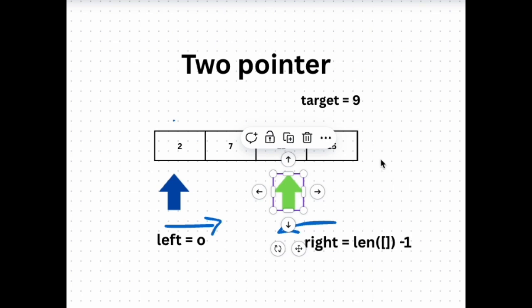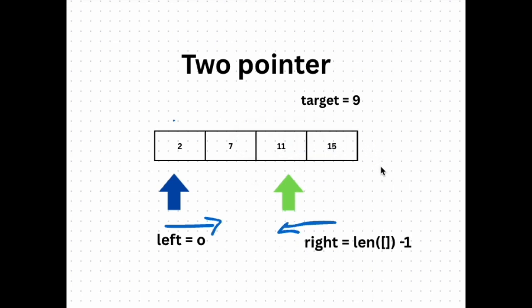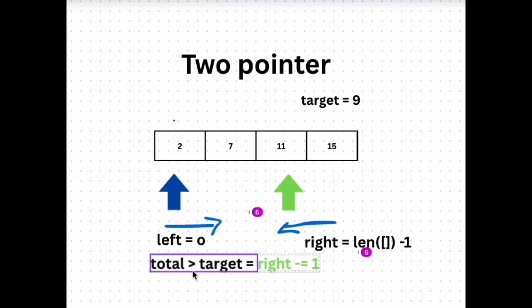Well, our array is sorted in ascending order. So we know that at the very end we have the biggest number, and at the very beginning the lowest number. So if the total from adding these 2 is greater than the target, clearly we need a smaller number. So if it's greater than, then right moves.